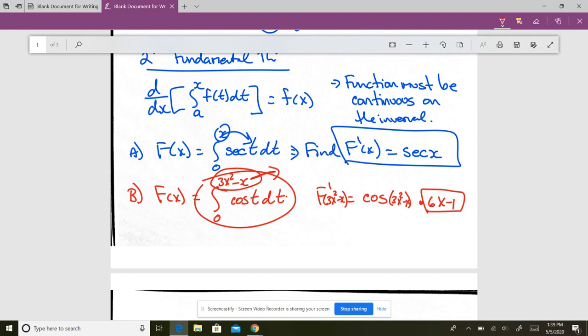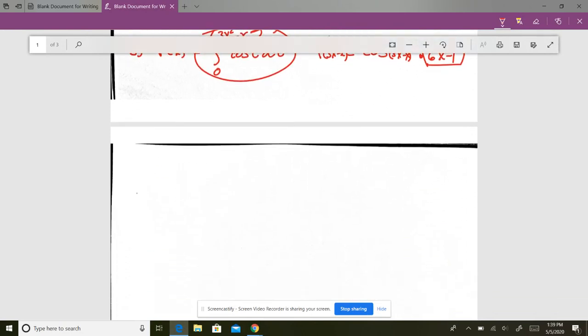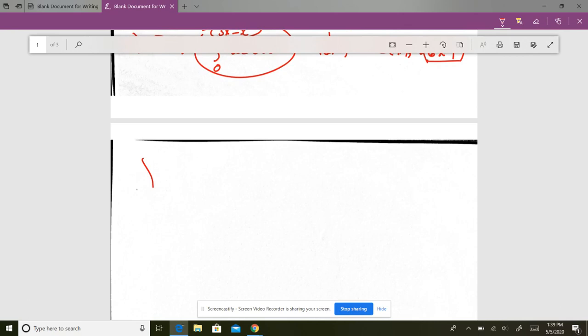So let's do another one from the book. If f of x is equal to the integral from 4 to cosine of x of t squared dt, and I ask what is f prime?